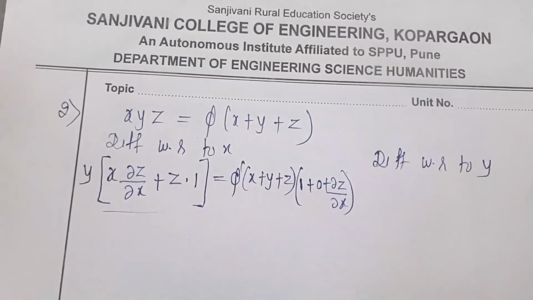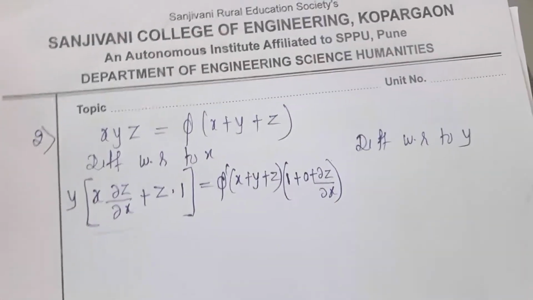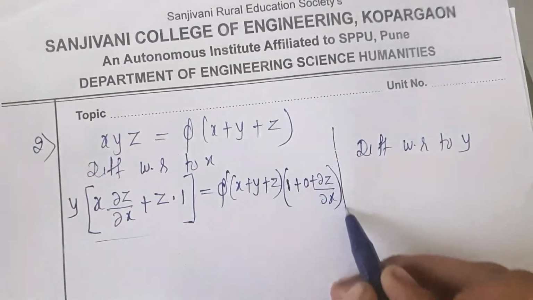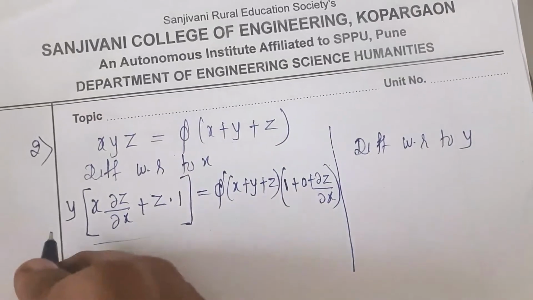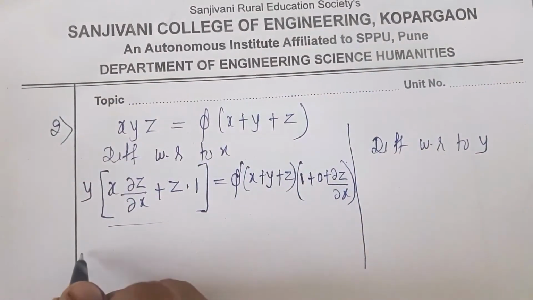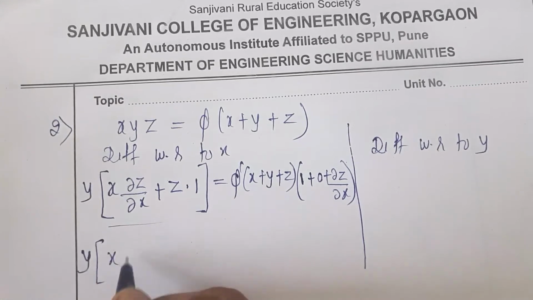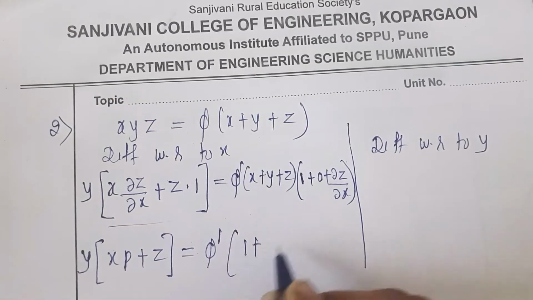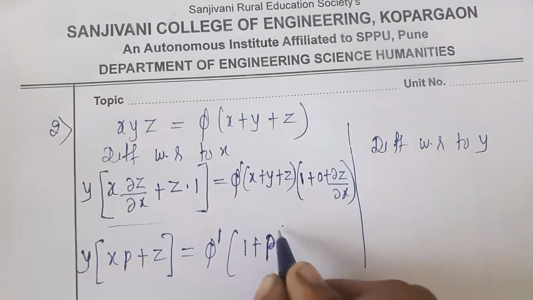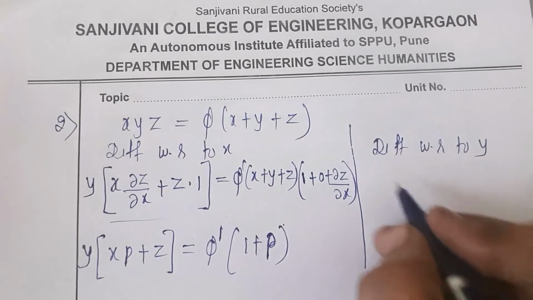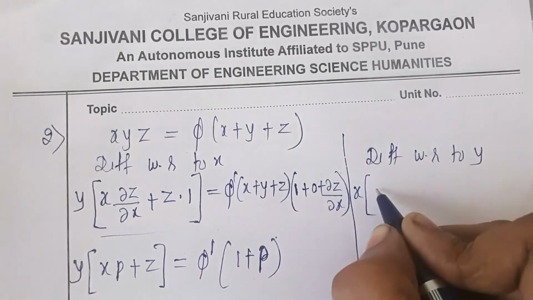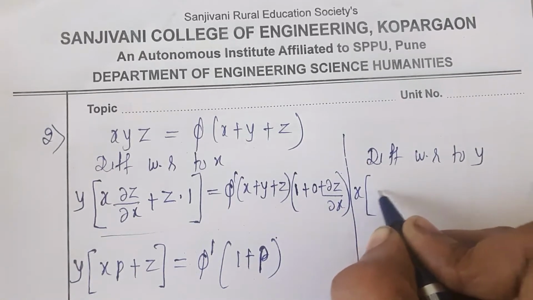So this is the derivative of xyz, equal to the derivative of phi with respect to x. A similar derivative we will get with respect to y, but first we simplify this. y multiplied by xp plus z is equal to phi dash multiplied by 1 plus del z by del x, which is p. So 1 plus p. Similarly, differentiate with respect to y. With respect to y, x is a constant term. y into z, use the product rule.